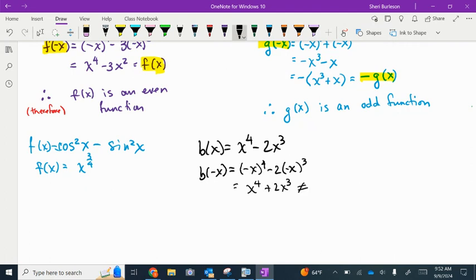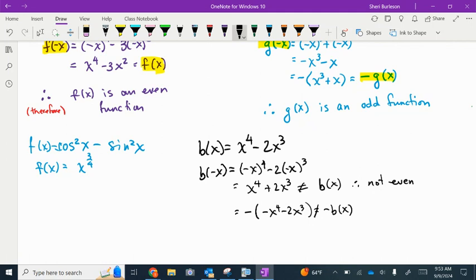Do you agree that that is not b of x? So it's not even. So the next thing I'm going to try is factoring out a negative, which gives me negative x to the fourth minus 2x cubed. And do I see that that is not equal to the opposite of b of x? Because this isn't b of x either.